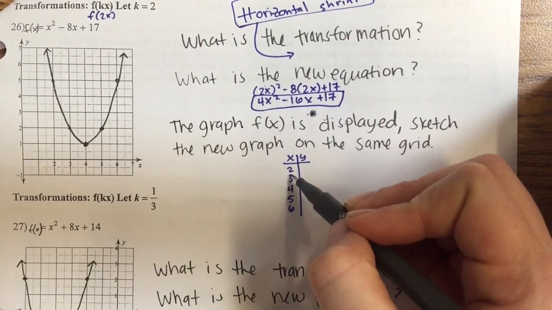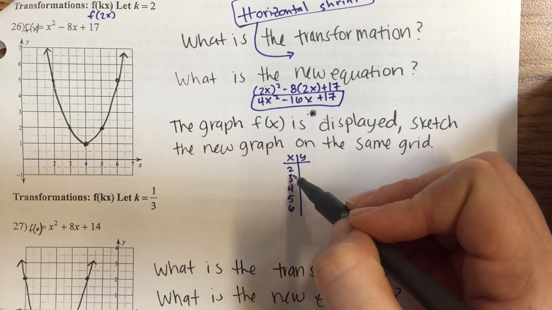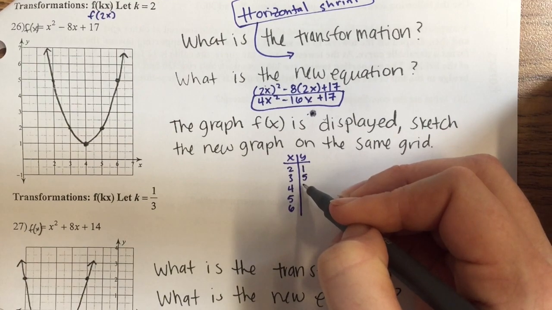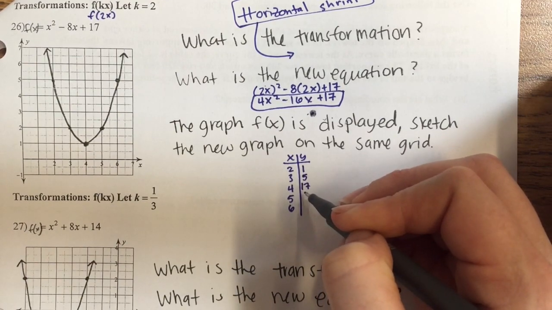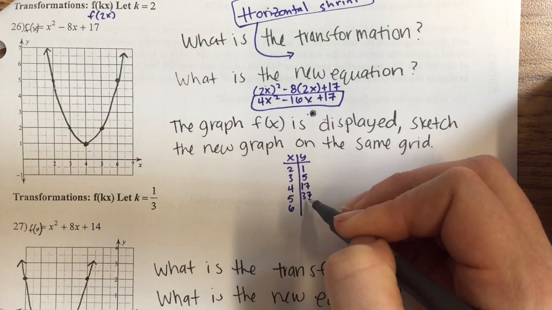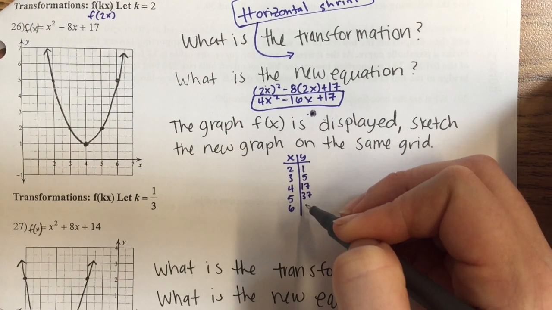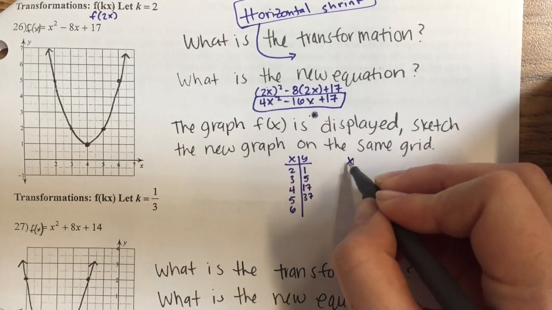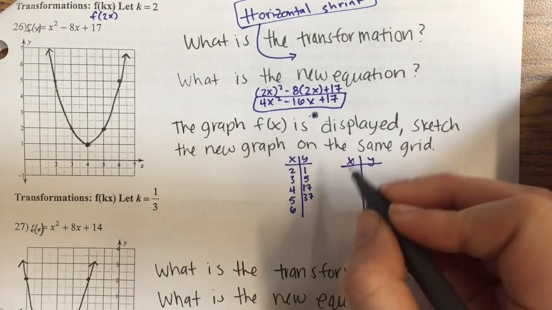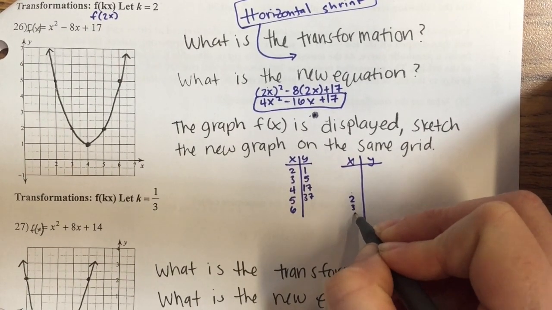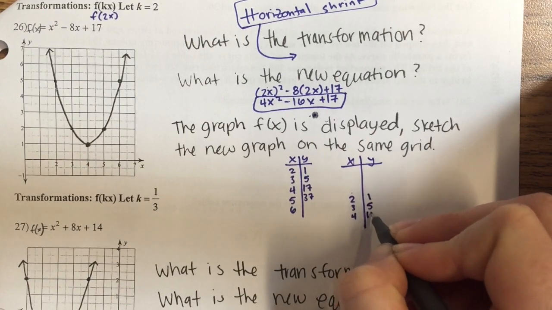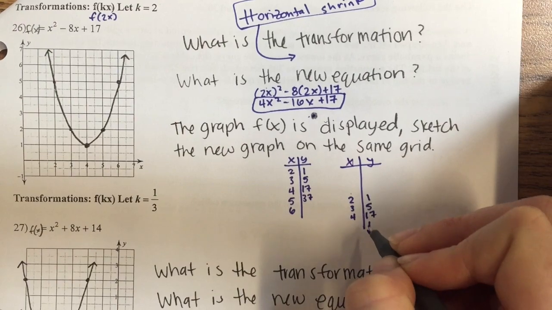When I make my table, I get 2 is a 1, 3 is 5, 4 is 17, 5 is 37. Oh. So it's just going to go up. Let's try plugging in more numbers. So my table needs different numbers.